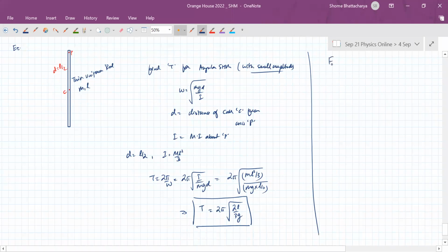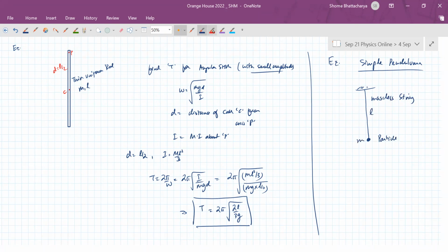Another very simple example is the simple pendulum, which you can think of as a special case of physical pendulum, where you have a massless string and a particle of mass m attached. So here you can see the point P is here and the center of mass is here.